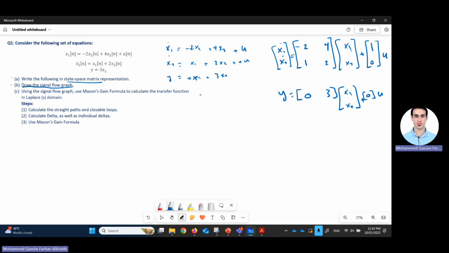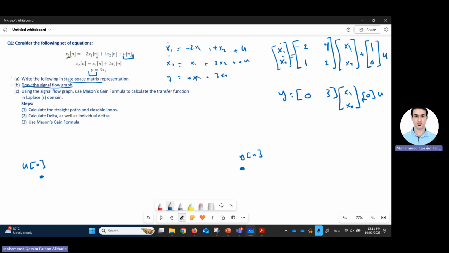If you think about it, the input node is usually U and the output is Y. So I'll start by having U of N, that's my input node here, and somewhere far, that's the output Y of N, or Y. Now, what are the nodes in between?